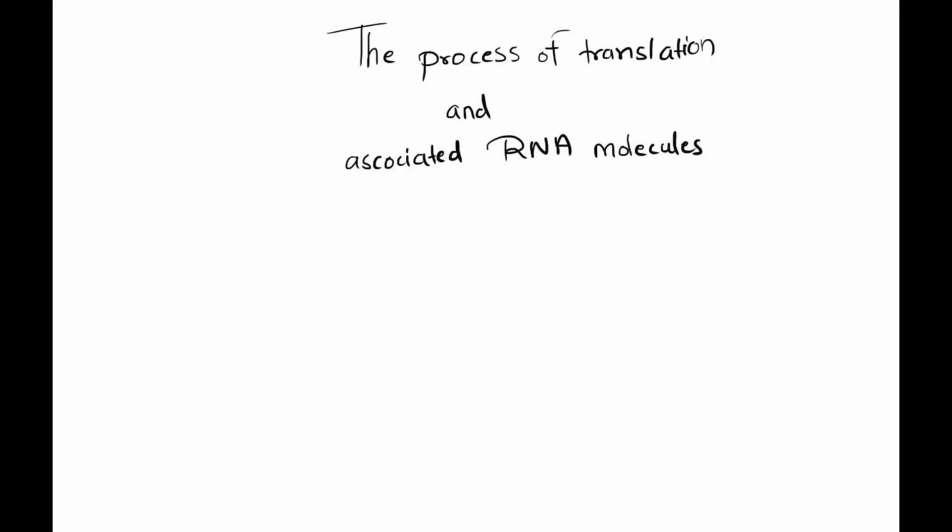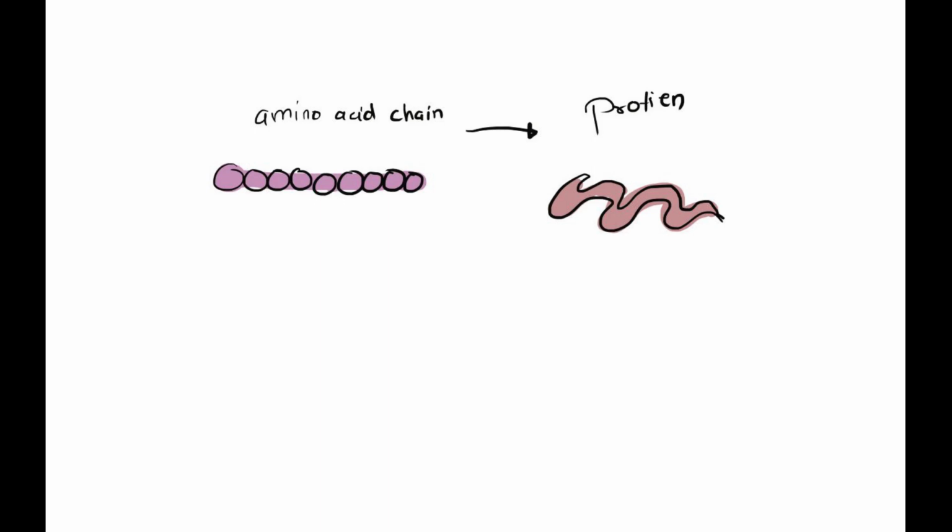The process of translation is quite important for a cell because in a rapidly growing cell, about 80% of the cell's energy and 50% of the cell's dry weight is used for the process of translation. The process of translation is basically the formation of a protein from an amino acid polypeptide chain.